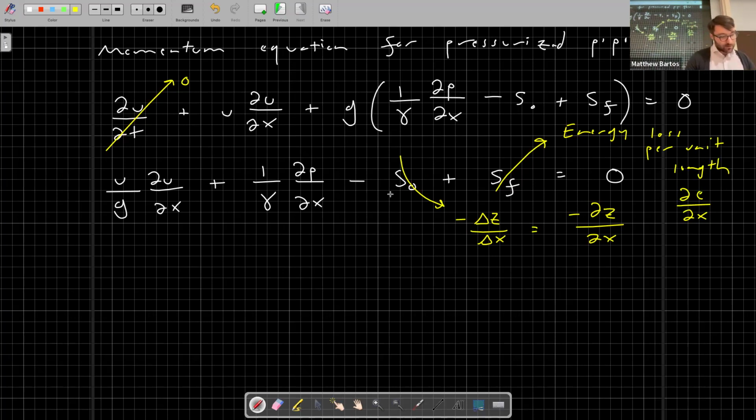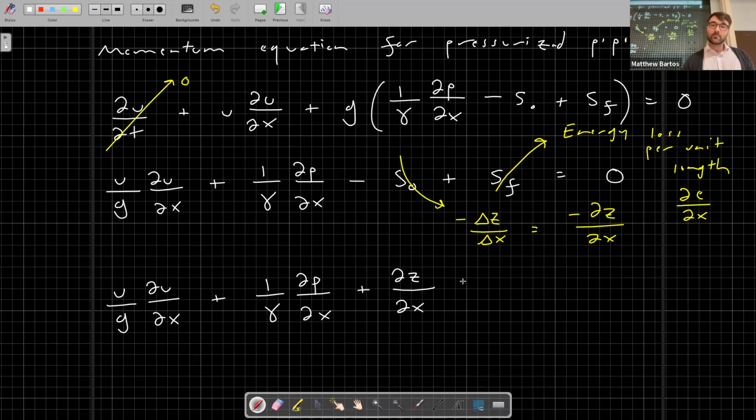You can just think of E as being the energy associated with that frictional loss. So we can go ahead and rewrite this entire expression. We get u over g times du/dx plus 1 over the specific weight times dp/dx plus dz/dx plus dE/dx, where dE/dx is basically the rate of energy loss due to friction.